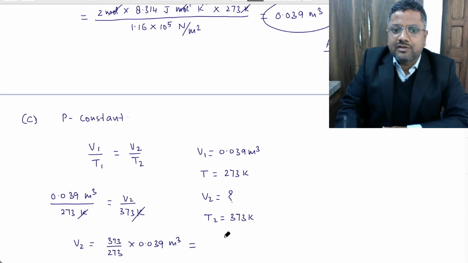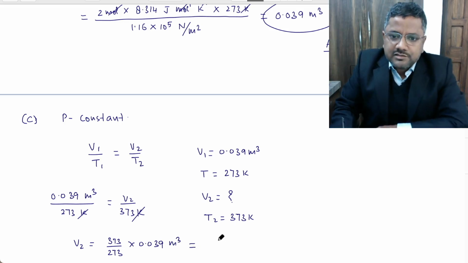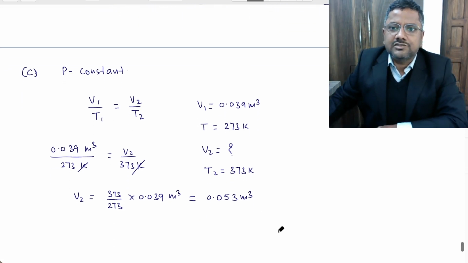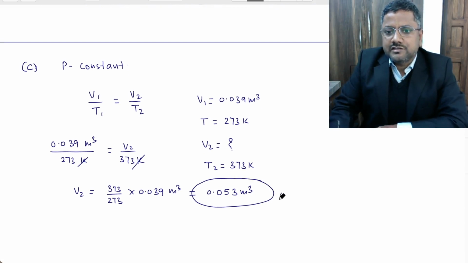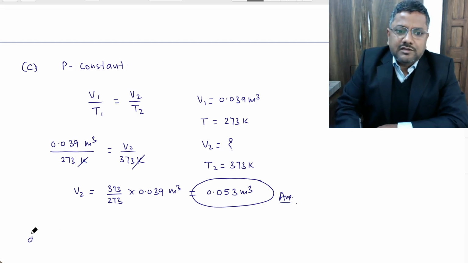If you simplify this, you will get 0.053 meter cube, right? So see, all these questions are simple. Now come to the D part.